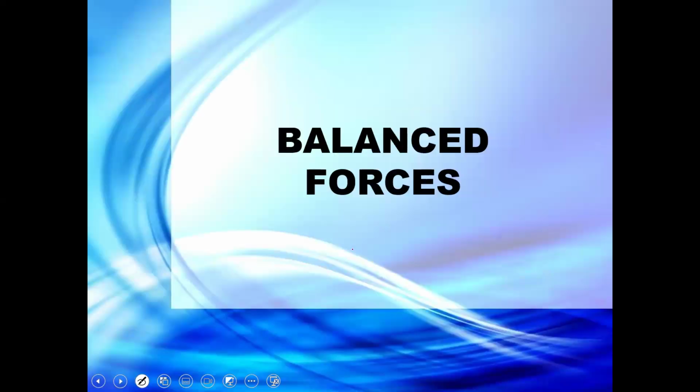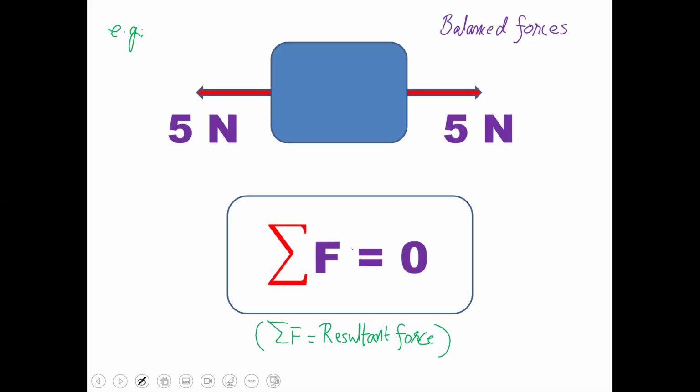What are balanced forces? Look at the screen. 5 Newton forward and 5 Newton on the same line backward. How come the resultant force is zero?